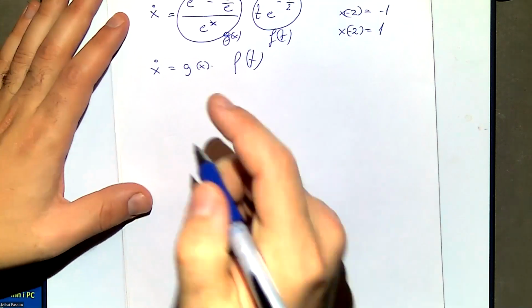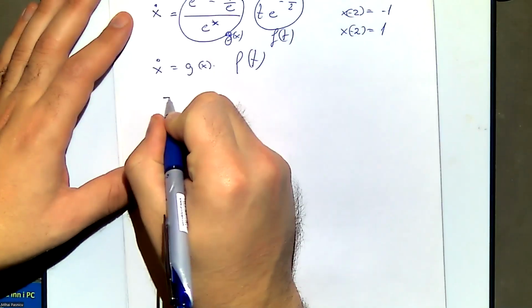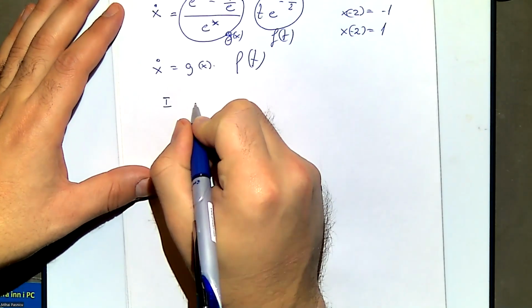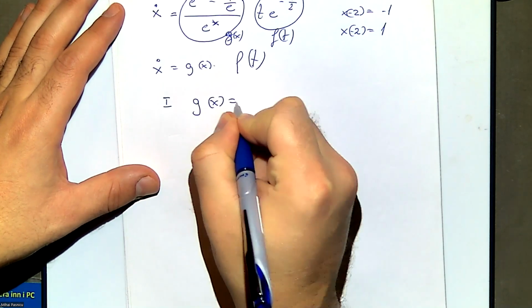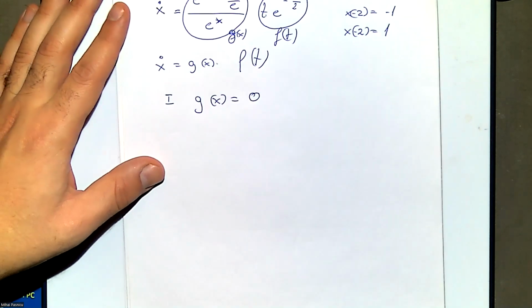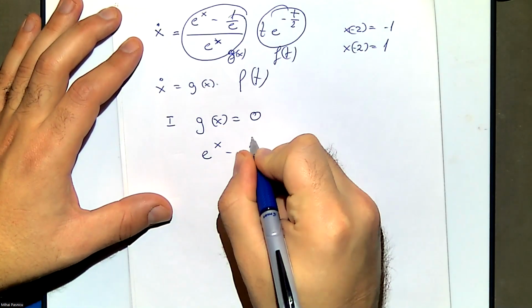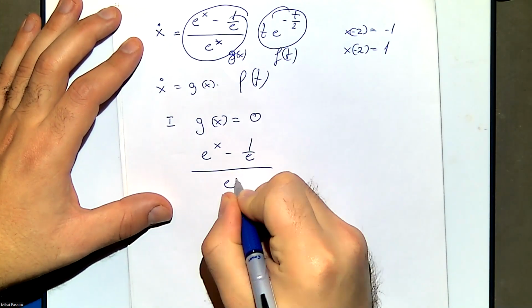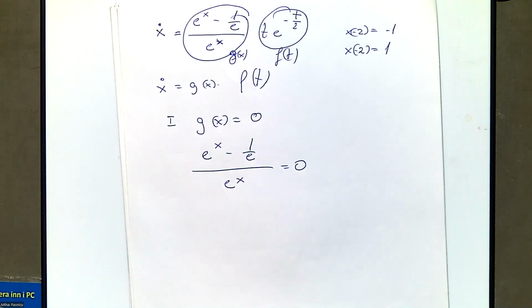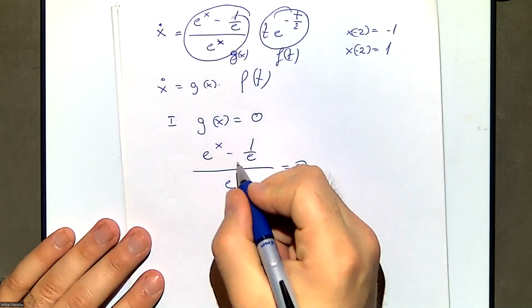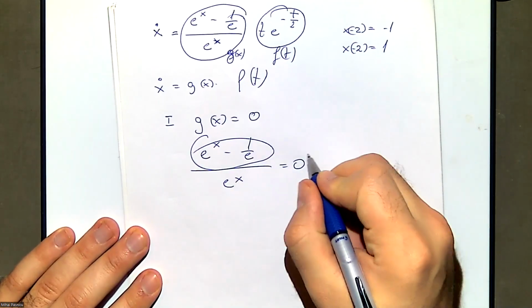Now, the first step is to see if there are constant solutions. That means g of x is equal to 0. If g of x is equal to 0, I have e to the x minus 1 over e to the x is equal to 0. For this to be equal to 0, I need the top part to be equal to 0.